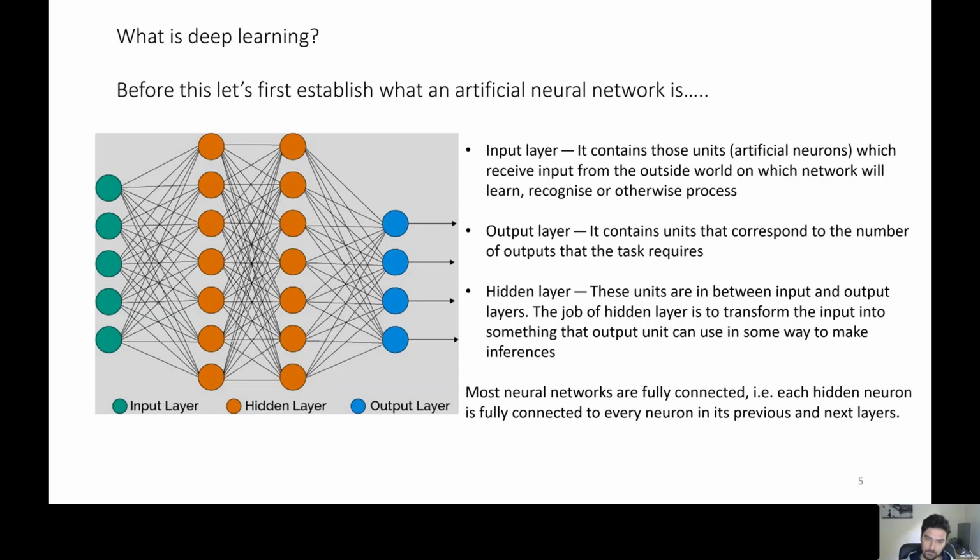Of course, what you see here is a very simplistic artificial neural network, which is the cornerstone of deep learning models. You see different colors. On the left-hand side, the green set of neurons is the input layer.